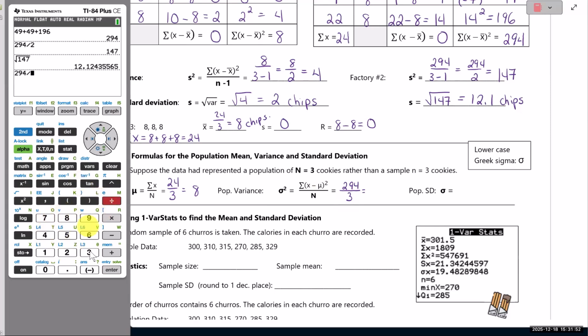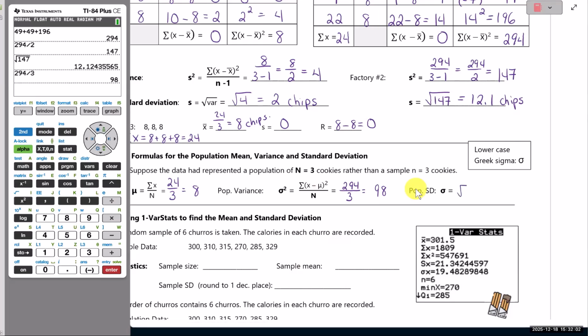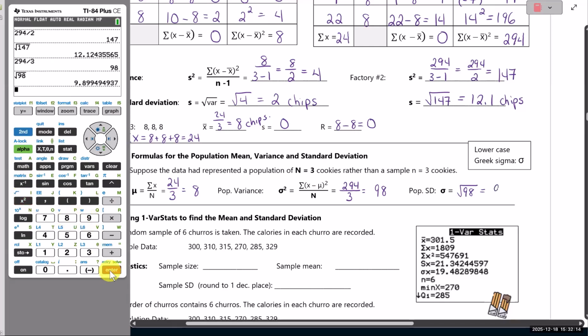So 294 divided by 3 is 98. All right, and then population standard deviation. So standard deviation is always the square root of our variance. So we'll do square root of 98, and then I will have to round that, and I'll go 1 decimal place, so 9.9.